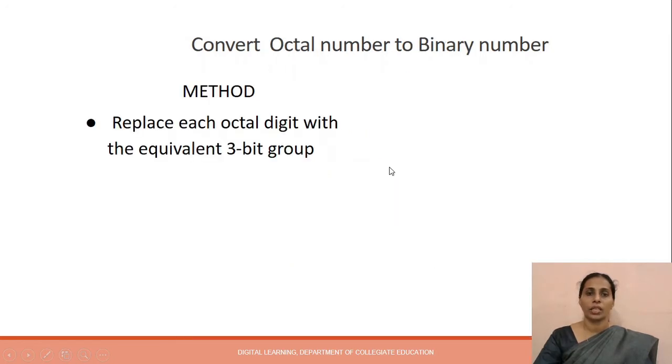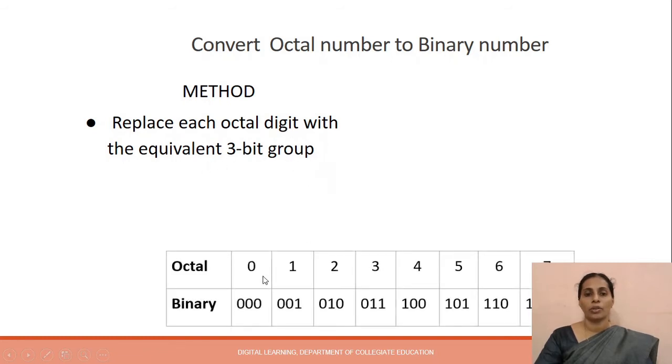Now we can see the conversion of octal number to binary. Here we are replacing each octal digit with the equivalent 3-bit group. This table shows the binary 3-bit group of the corresponding octal digit.